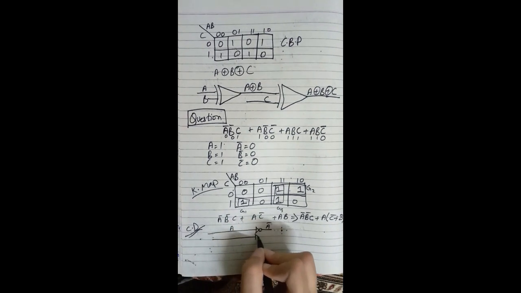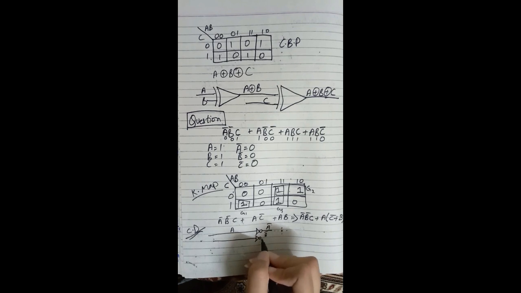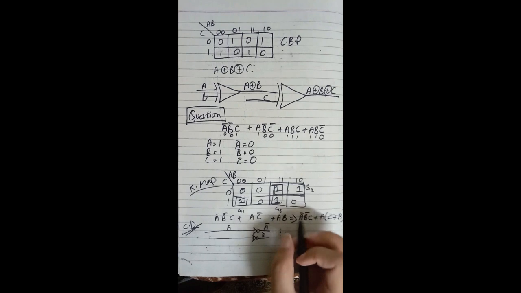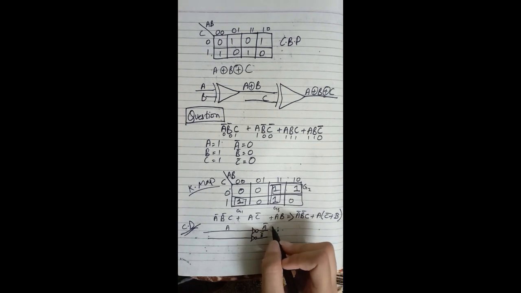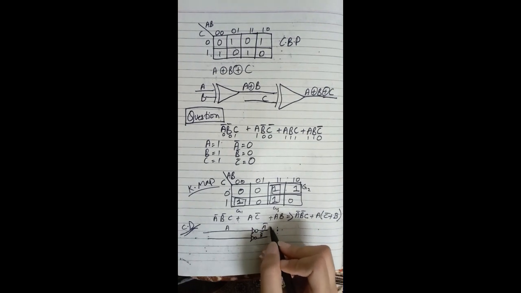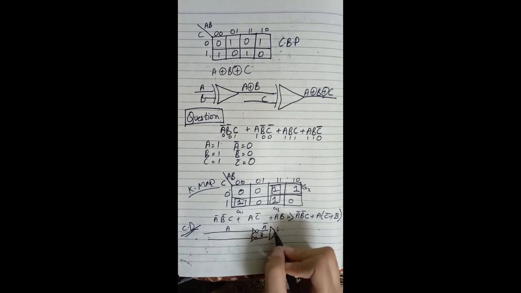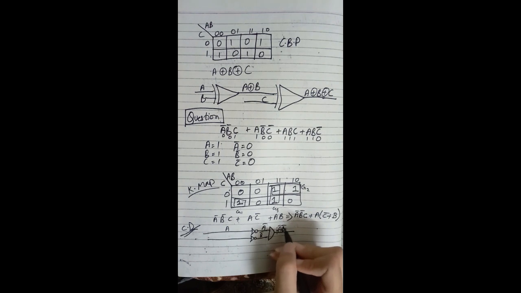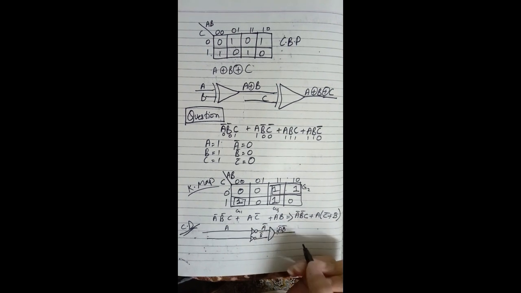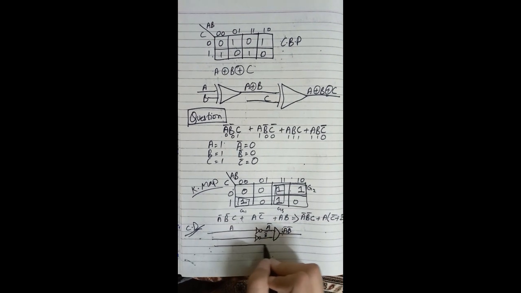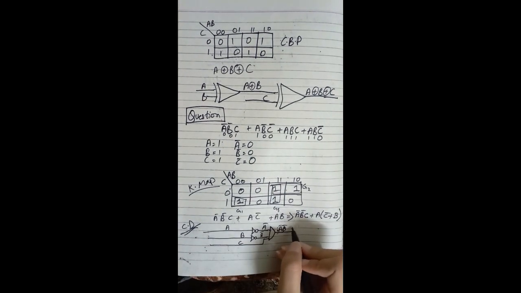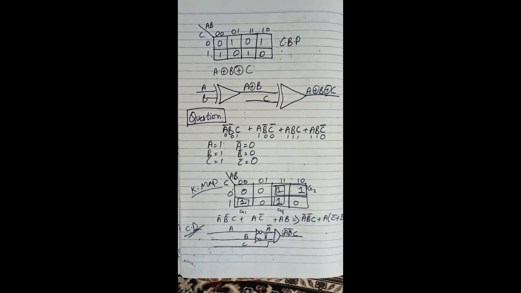Then we will draw the B bar, and they are connected by the AND gate. A bar, B bar, and we have C with it also. So this C. A bar, B bar, C, they are connected with the AND gate.